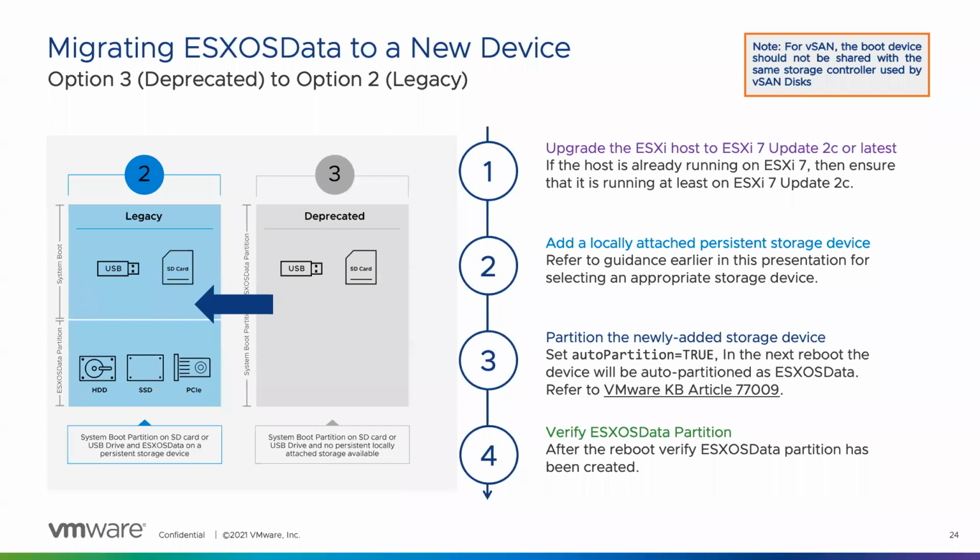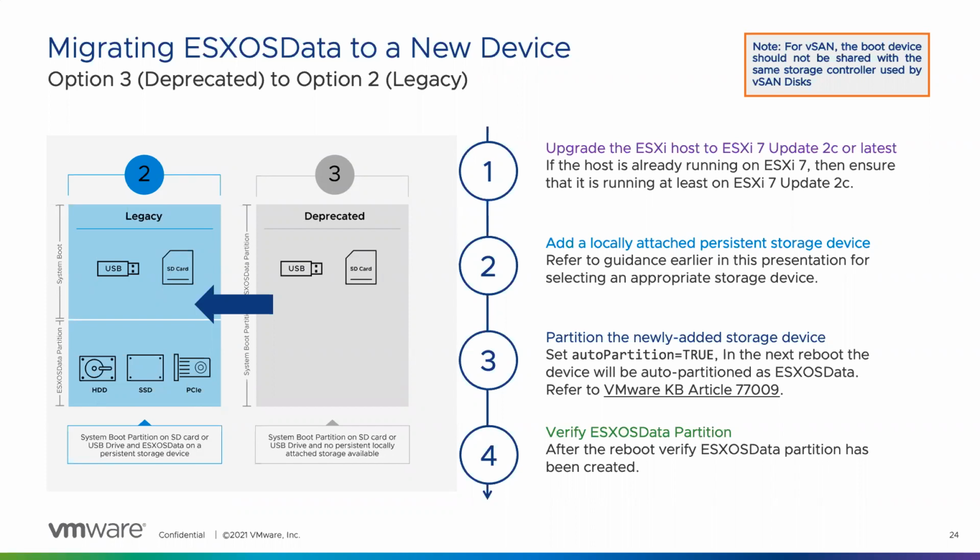Okay. So assuming that you are on option number 3, which means that you have a standalone SD card or USB drive, how can you move towards either option number 2 or option number 1? Let's talk about option number 2, which means that you will add an additional local disk, which is HDD, SSD, or PCIe. In that case, you can either choose to upgrade your ESXi host to 7 Update 2C.